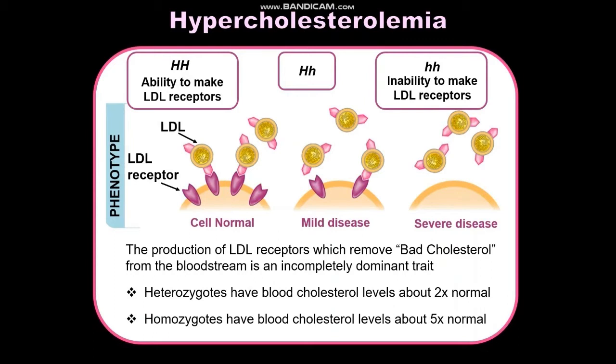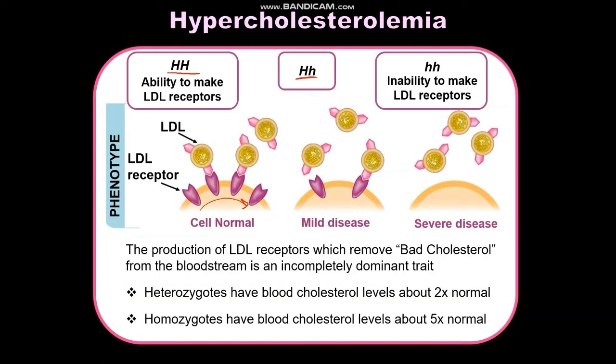However, if you are heterozygous for this trait, if you have one dominant and one recessive allele, then you'll make about half as many receptors as a person with 2 dominant versions of this gene. So you'll end up with about twice as much blood cholesterol as the average person would. So you can see here that we have 3 different states. The homozygous dominant individual makes lots of these receptors.